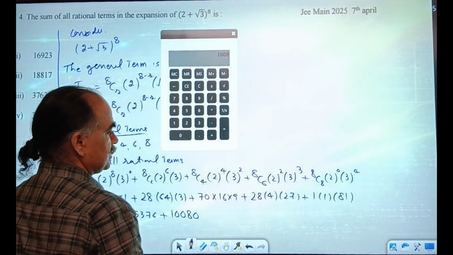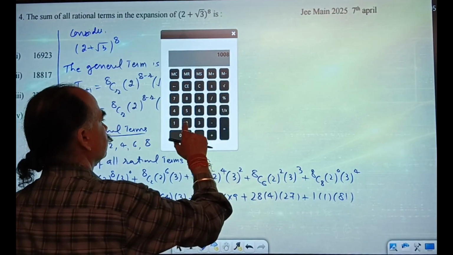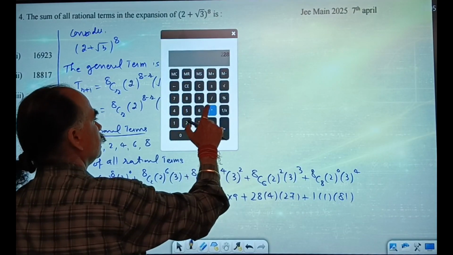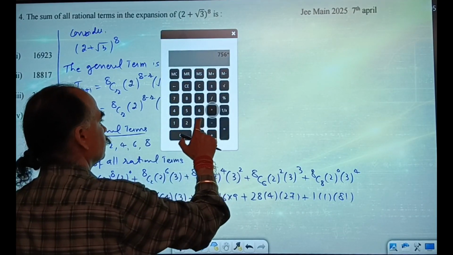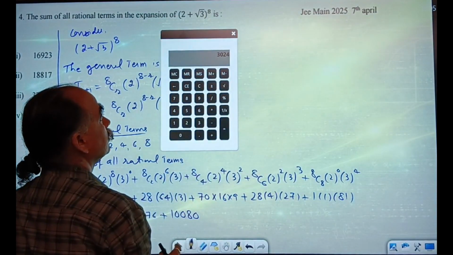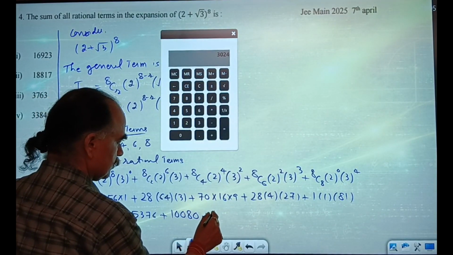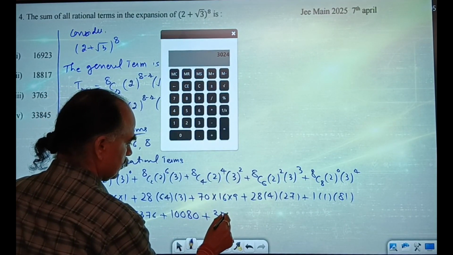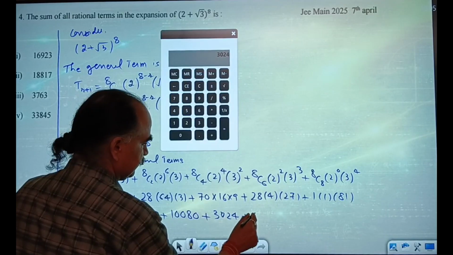Then 28 into 27 into 4, which is 3024. Plus 81.